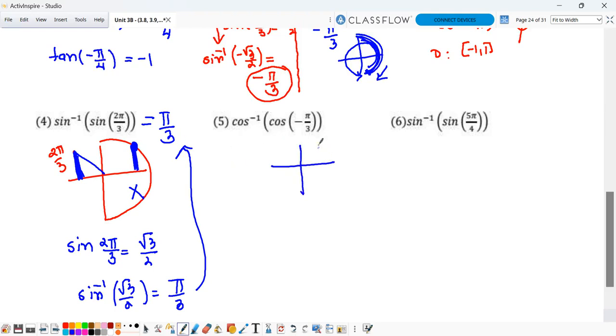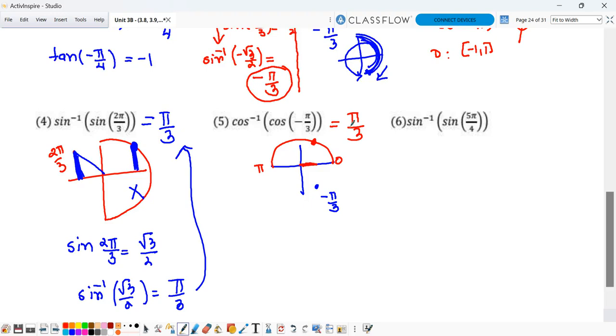One more time. Cosine of negative pi over 3 is here. Cosine is x. X is positive. Cosine inverse is this. So what would be the similar angle here where I still have a positive x value?